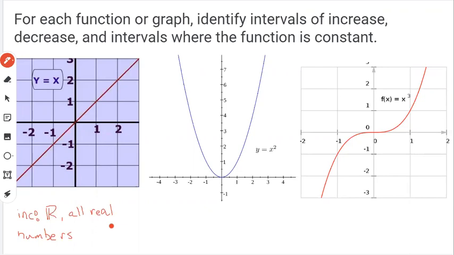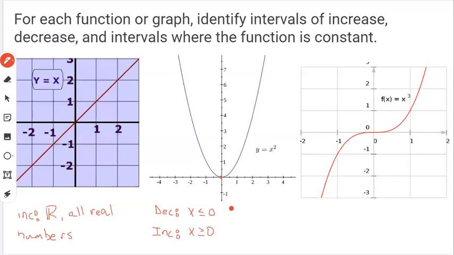The next parent function is y equals x squared. This is that U shape that we've been talking about. It decreases all the way to 0, this point right here, and then it starts increasing again. So we say that the function is decreasing when x is less than or equal to 0, but the function is increasing when x is greater than or equal to 0.